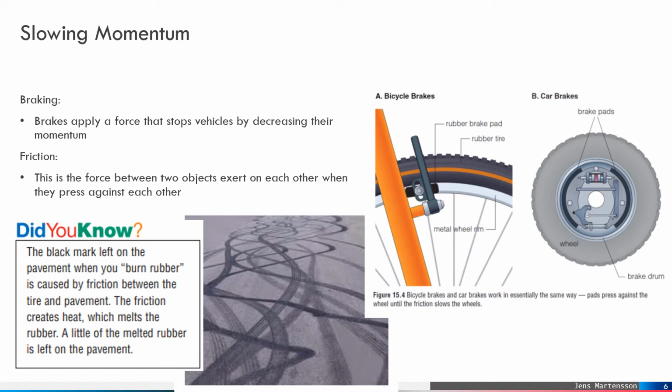For us, it's going to be applying a friction force or a braking force to stop spinning wheels, whether it's in cars or on a bicycle, and we have to apply a force that slows down our momentum. Please take time, copy the definitions through here, and see where we're applying braking forces on different vehicles.